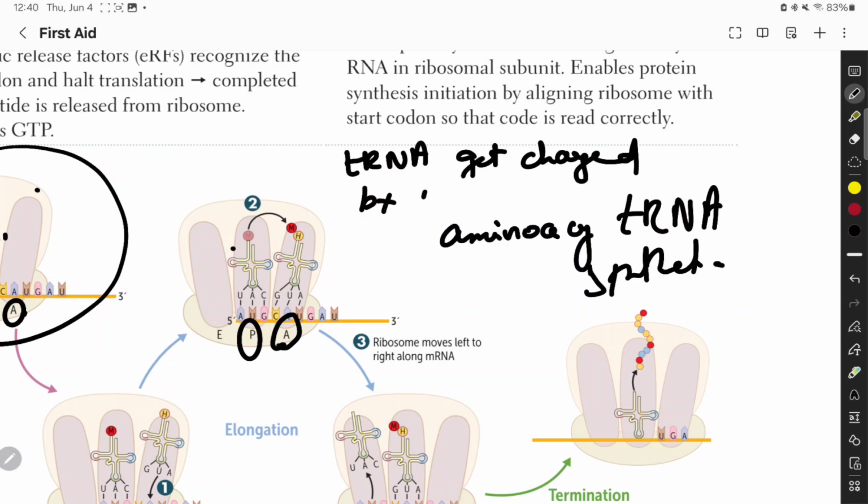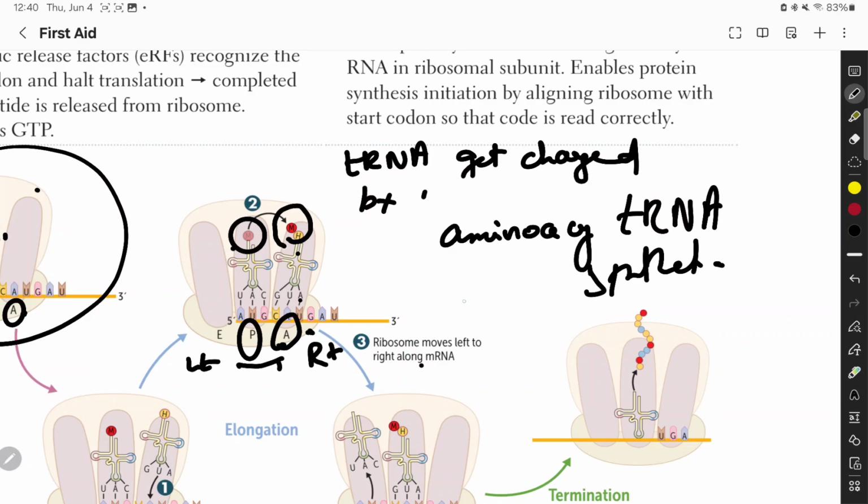Another transfer RNA that is charged, carrying the appropriate amino acid, binds to the messenger RNA, and this methionine, which was present on the initiator transfer RNA, the first transfer RNA that came to this protein synthesis complex, transfers its methionine to this transfer RNA, so as to elongate the growing amino acid chain. Alright, so this ribosome moves from left to right.